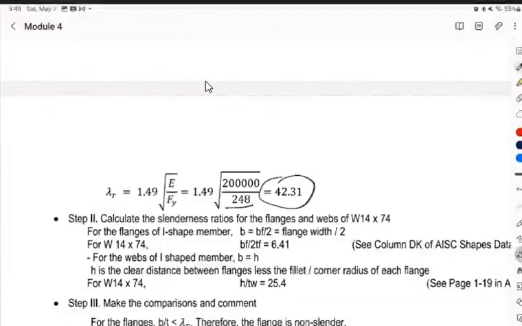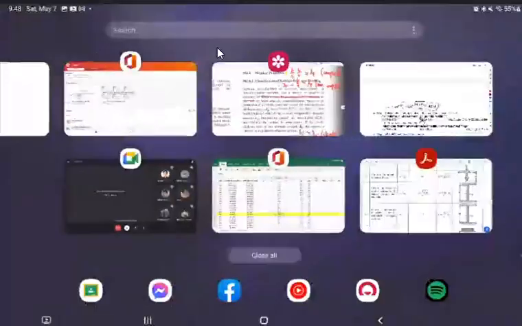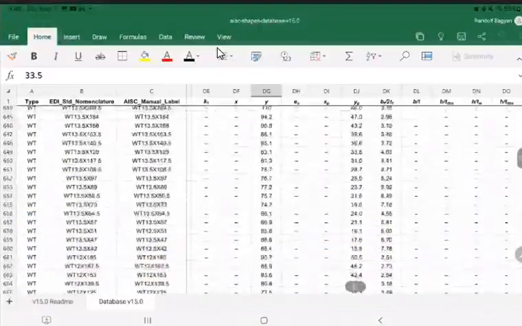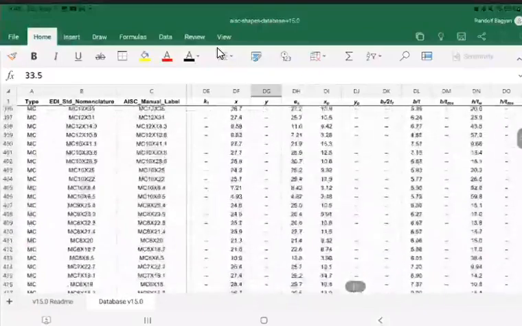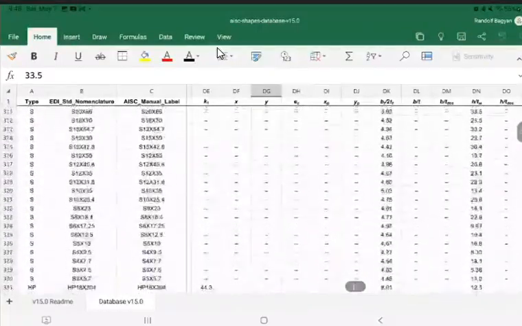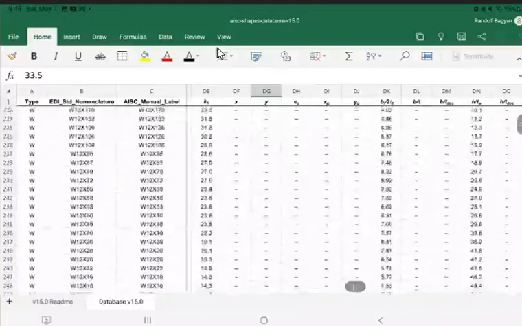So, we compute the slenderness or thickness ratios for flanges and webs. Okay? Ano yung b over t? Okay, for flanges, that's bf all over twice the thickness of flange. Mahanap naman natin yan, class, dito sa section database. Saan ba yun? Our section is W14 by 74.